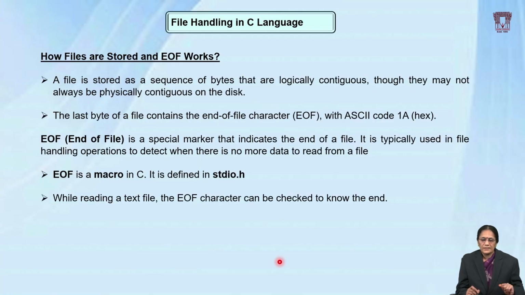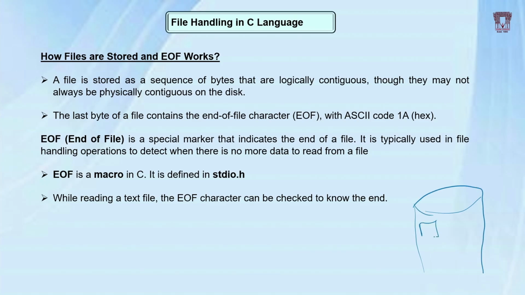And how exactly are these files stored? And how will you understand the file is going to end? So here we can see that the file is stored as a sequence of bytes. For example, in a secondary storage area, if you treat this as a secondary hard disk, your files are stored in the form of blocks. Now the block size is usually a power of 2, and it's usually defined by the OS.